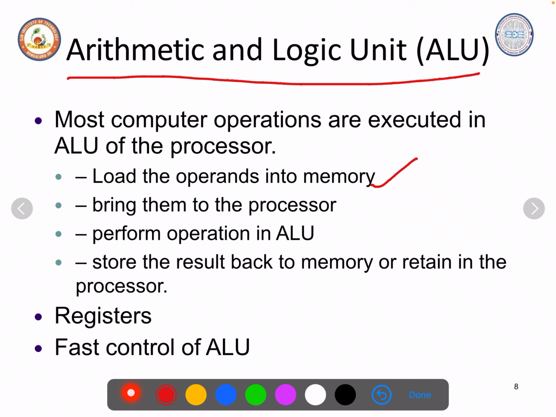The opcode is the mnemonic. It brings them to the processor and performs the arithmetic and logical operations, and stores the result after performing the operations. The result will be stored either back to the memory, or it can be stored in the processor itself. So you have registers inbuilt within it to store the result or to perform some operations. Fast control of the ALU can be done.